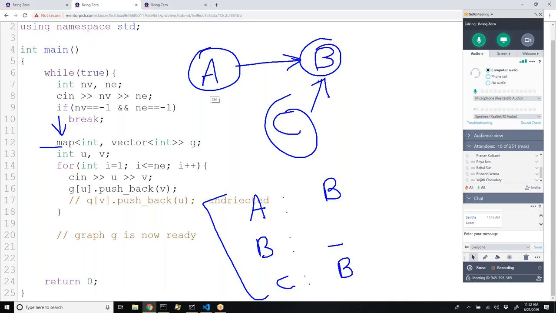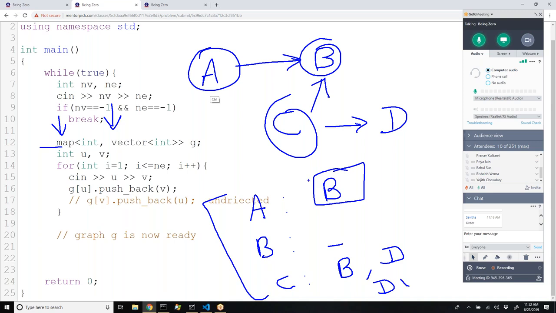C has a neighbor just B, right? Let's say extended this to D, then C will have B and D as the neighbor, and D nothing. So this is what this map is representing, right? There are 4 entries in the map, A, B, C, D, the number of vertices, and the values are all the neighbors of A, all the neighbors of B, all the neighbors of C, right? Out degree of A is, can we say directly, size of this list?